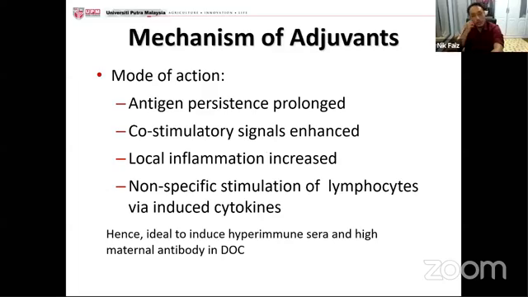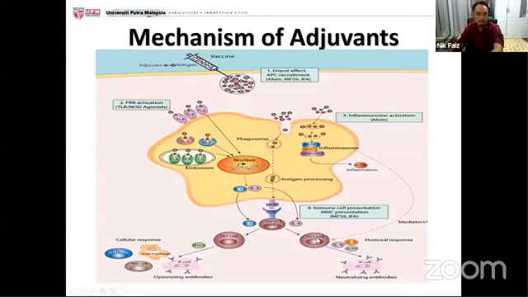Hence, it's ideal to induce hyperimmune sera and high maternal antibody in DOC. This is an example of the mechanism of adjuvant: basically to enhance the immune response toward the vaccine itself.